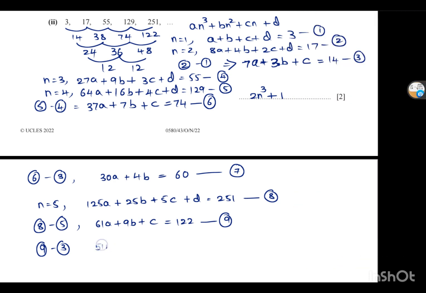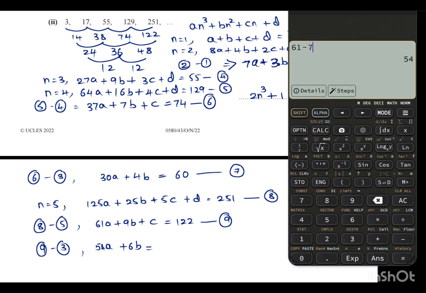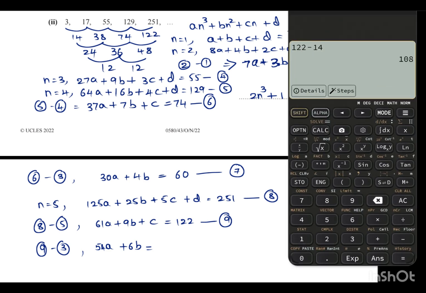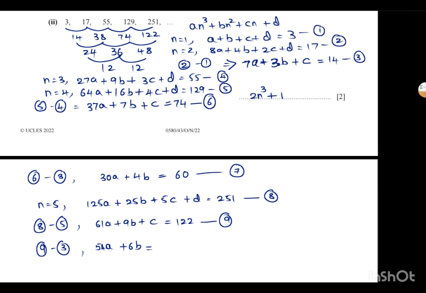So 54a. Then 9 minus 3 is 6b. c minus c is 0. Then 122 minus 74. No, not 74, 122 minus 14, we get 108. This is equation 10.